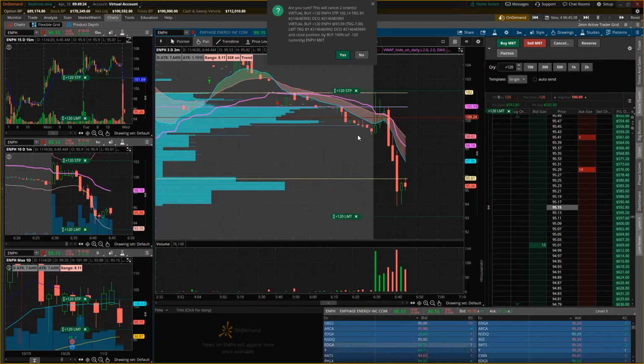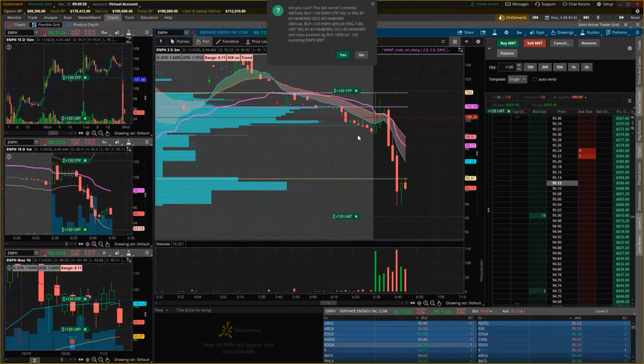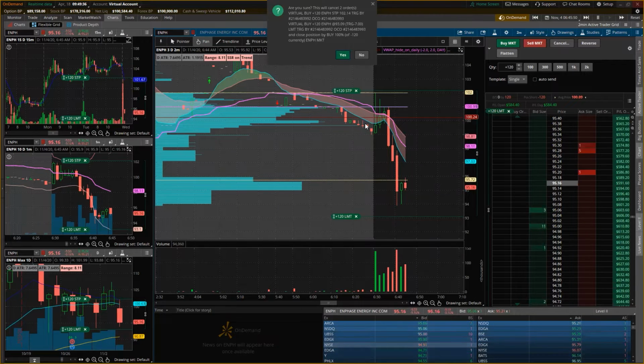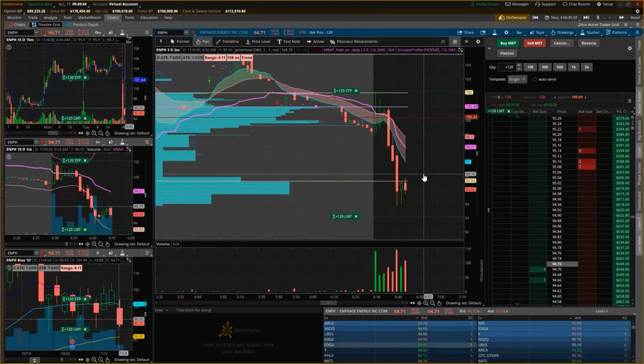So in this case, since I'm short on this trade, it'll buy to cover at market. If I was long on this trade, it would sell to close at market. Flat just means that you are no longer long or short. That's what flatten does. So that's one way to exit your trade quickly.